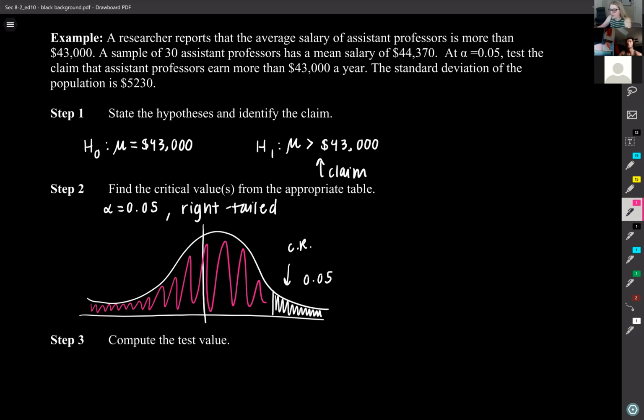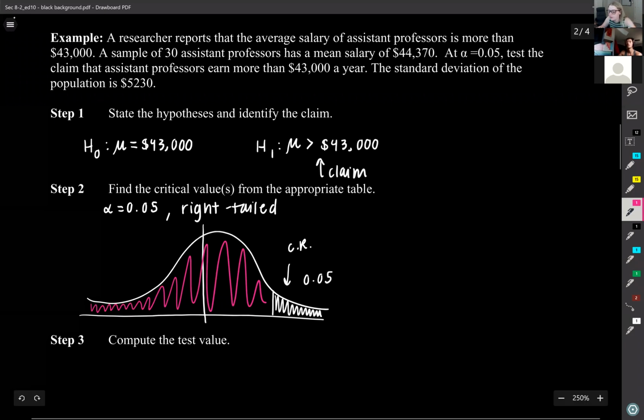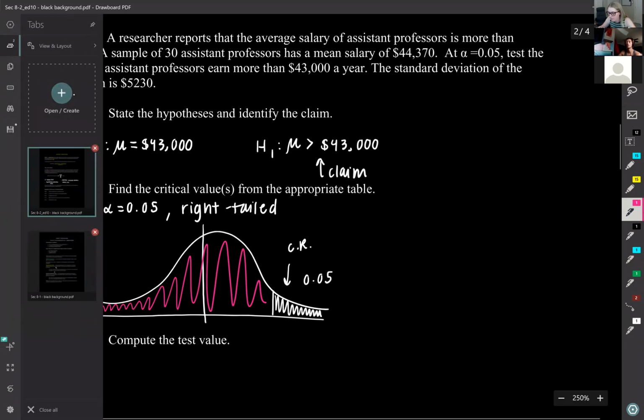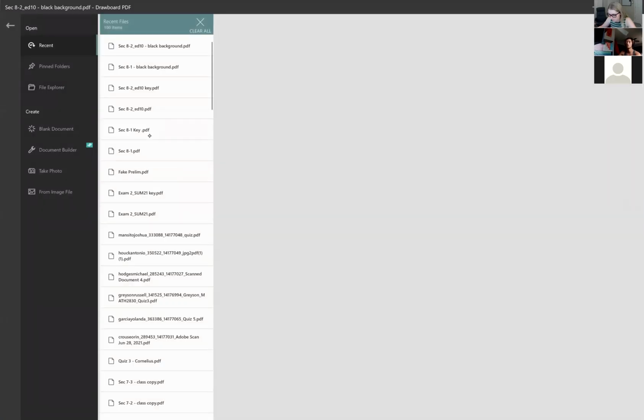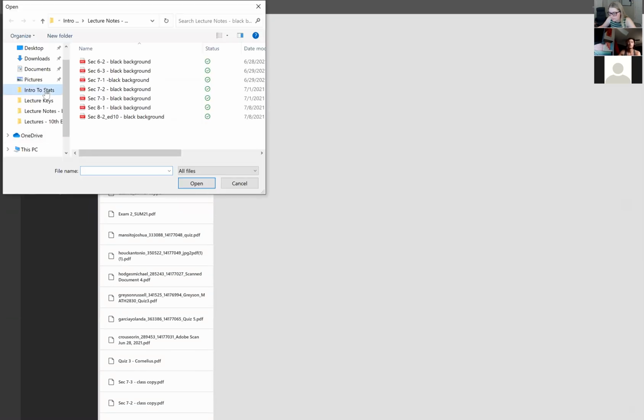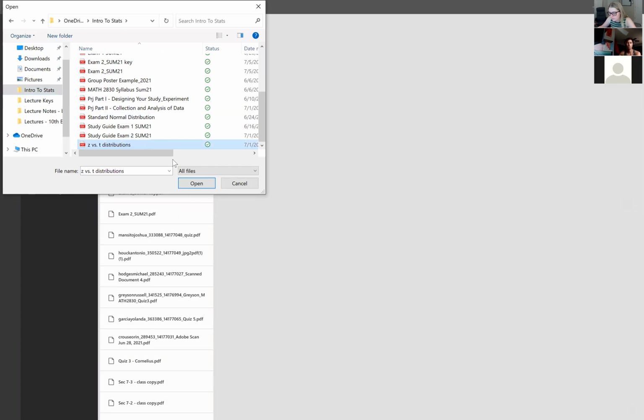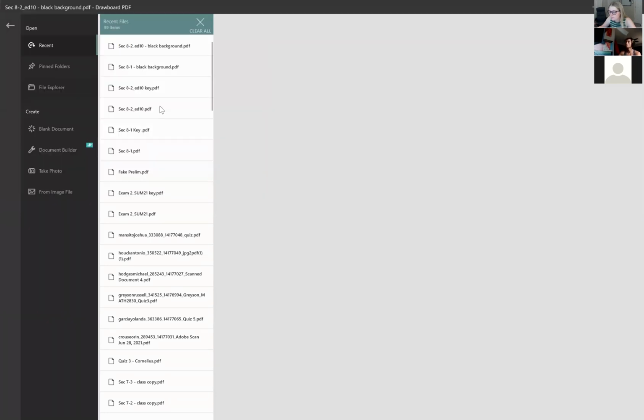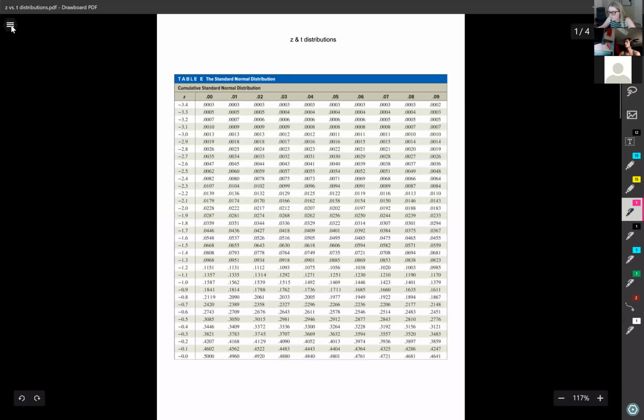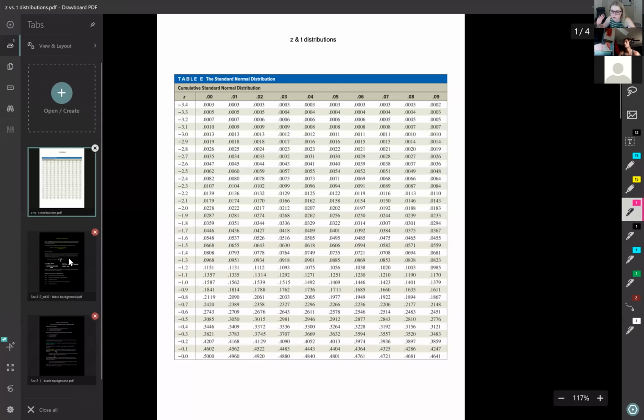All right, well, for the sake of going through it, why don't I go to the table here? So let me open up the table. Okay, cool. So we'll actually go through the table for this process, just for the sake of doing it. But like I said, there's a little thing in the textbook that tells you what the values are for all of these different significant levels.